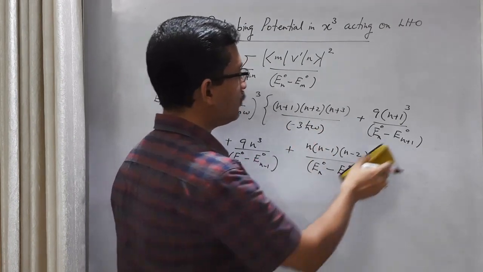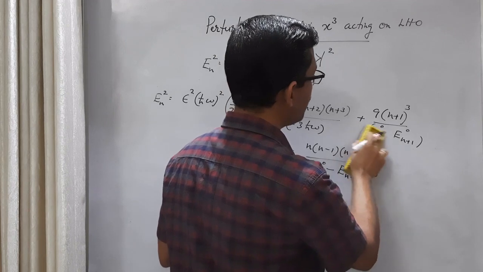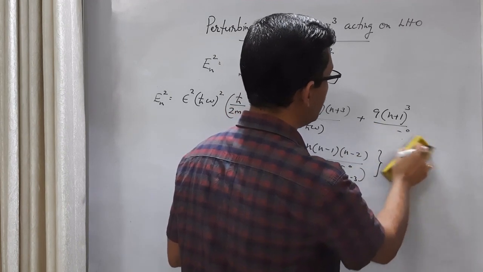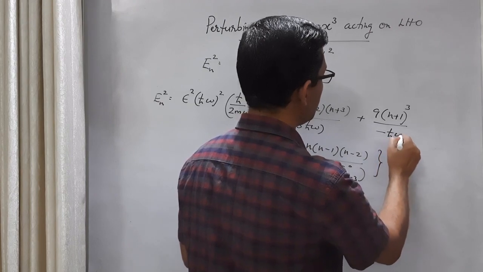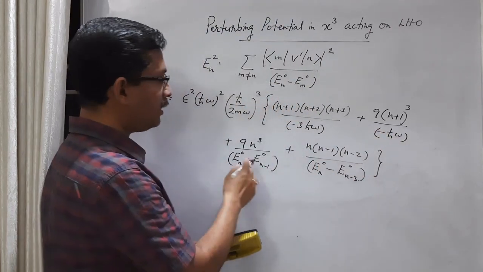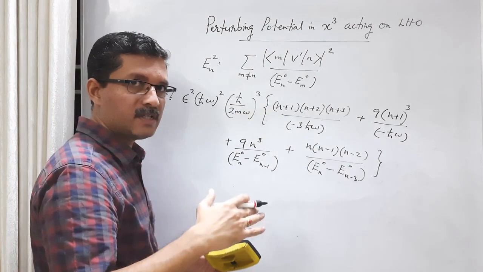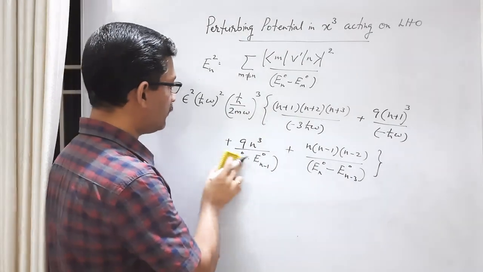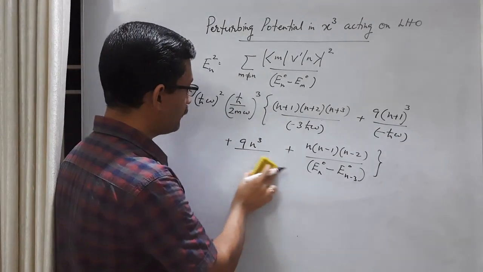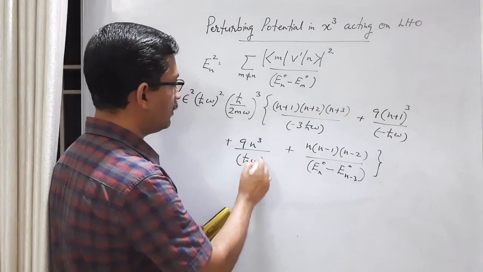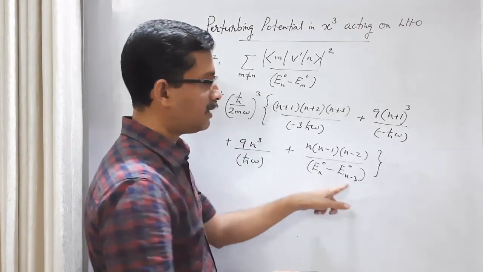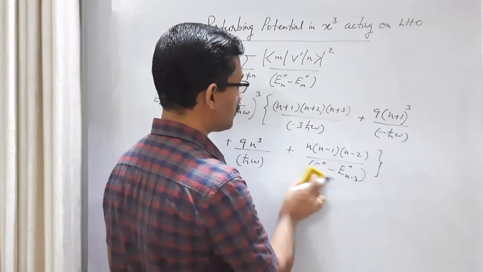What about En minus En plus 1? En plus 1 is the higher state, so we have minus h cross omega. En minus En minus 1: En minus 1 is just below En, so here we have h cross omega. And here En minus En minus 3, we have 3h cross omega.